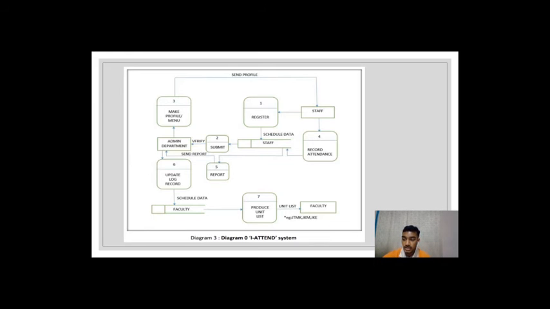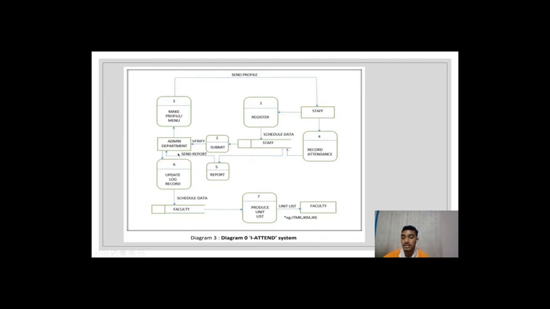And then the admin will save the log record in the faculty data and spread the schedule attendance record data to each faculty. So the first is process 4, where staff check in their attendance, and the system will record it, which is known as process 5, and then the report will be sent to the admin.